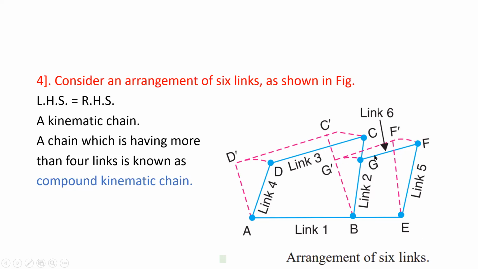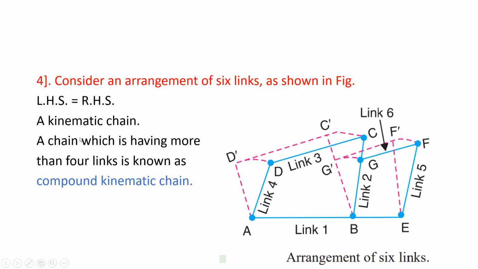Then link 5 is E to F, and F to G is link 6. If you apply the formula L is equal to 2P minus 4, you will find in this particular case that left hand side comes equal to right hand side. So you will assert that it is a constrained kinematic chain.